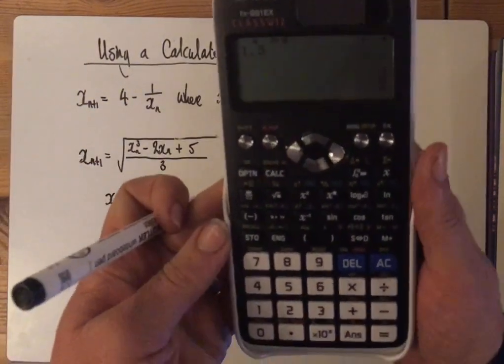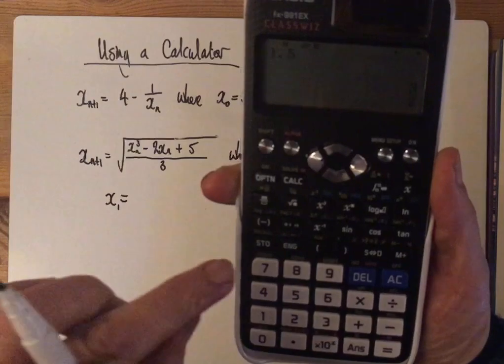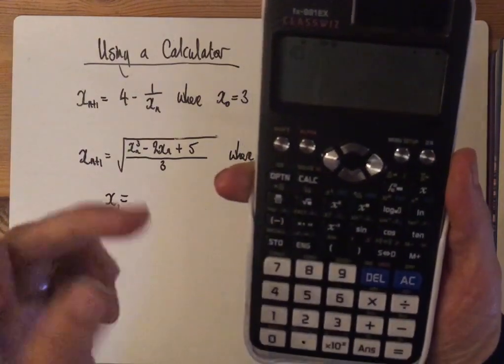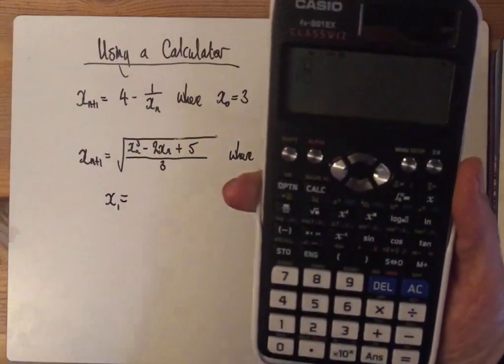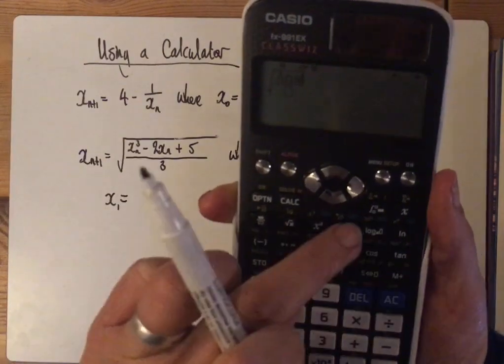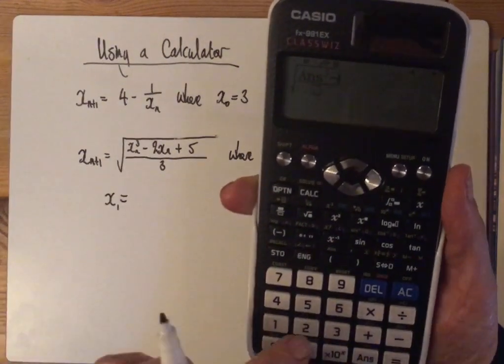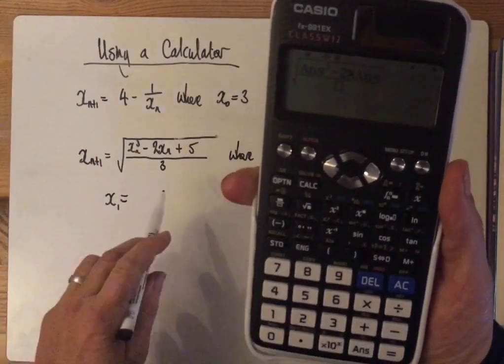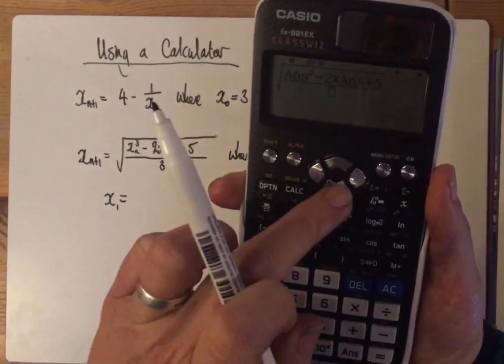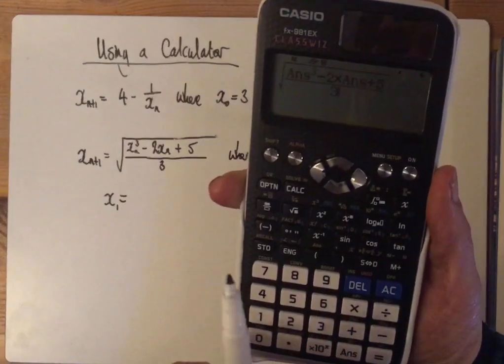So I can literally on my calculator just do square root. You can put quite a complicated thing in here, that's what I'm trying to show you really. So answer cubed minus 2 times answer plus 5, divided by 3.